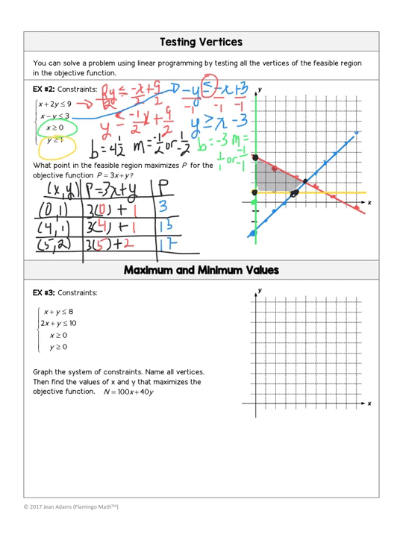And then last but not least, our last vertex is here, and that's going to be 0, 4.5. So 3 times 0 plus 4.5 is going to give us 4.5.